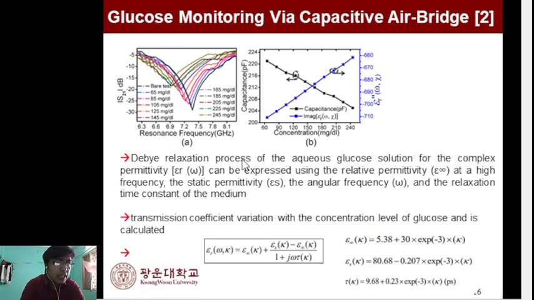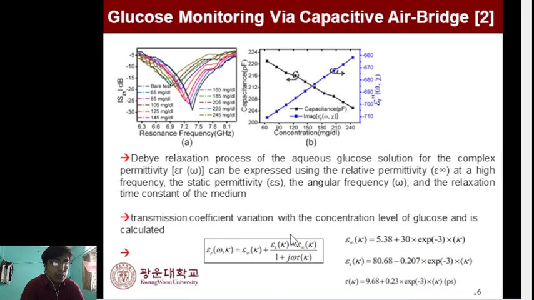And here we also see the capacitance equation, based on the two-way relaxation process of the aqueous glucose solution, expressing the complex permittivity at high frequency, the static permittivity, the angular frequency and the relaxation constant in this medium.